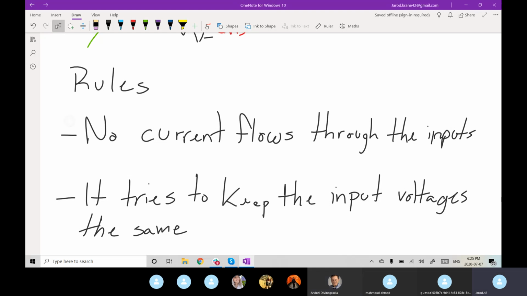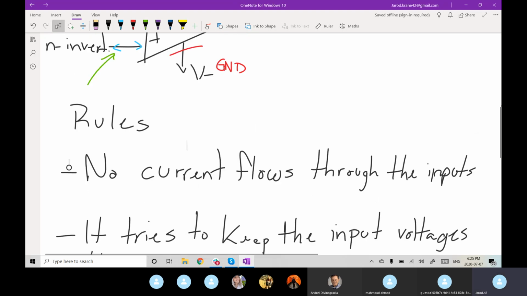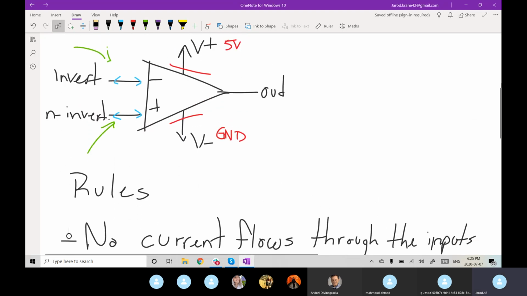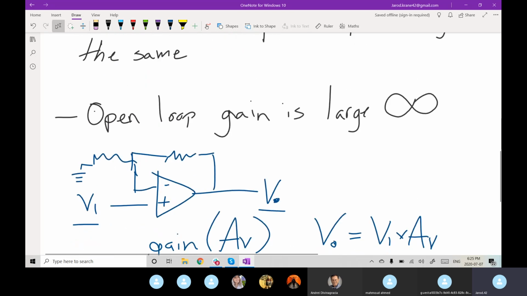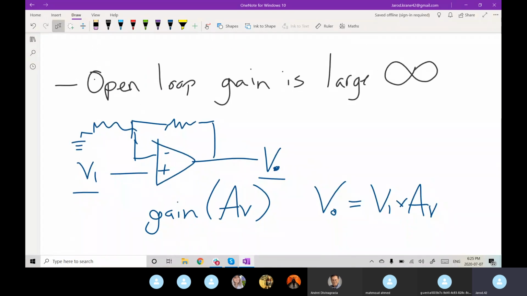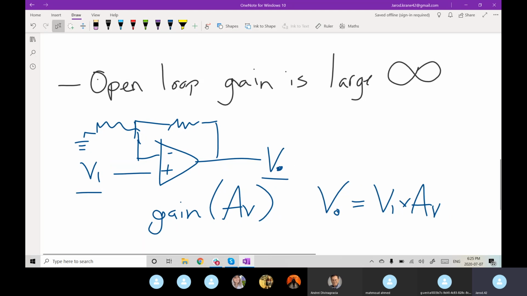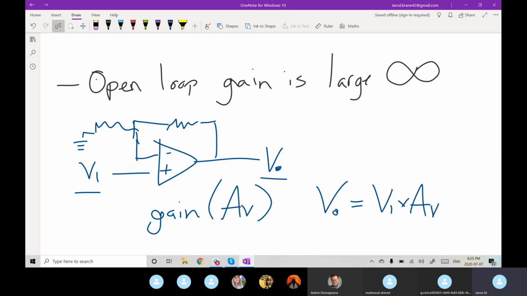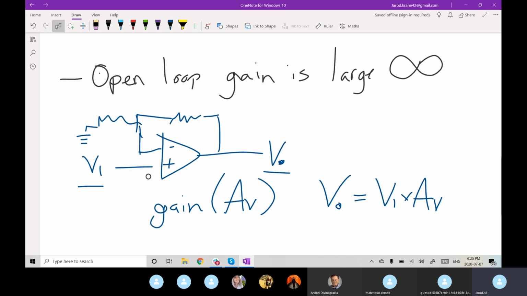This rule isn't one that really makes sense, or it shouldn't make sense when you first see it, because in this system, we are applying some amount of power to our input voltage. It's got nowhere to go. It's got nothing except going directly into that pin. But somehow, we have no current flowing into that pin.